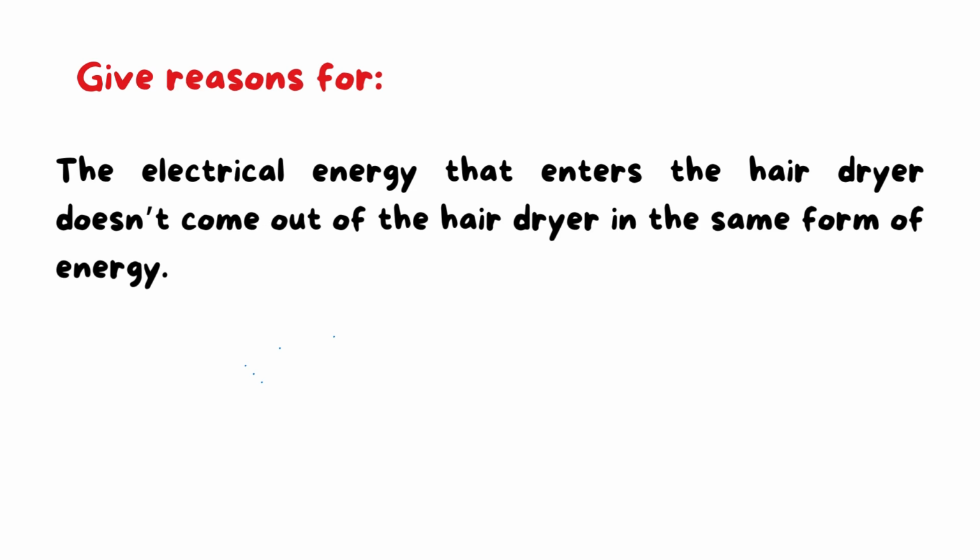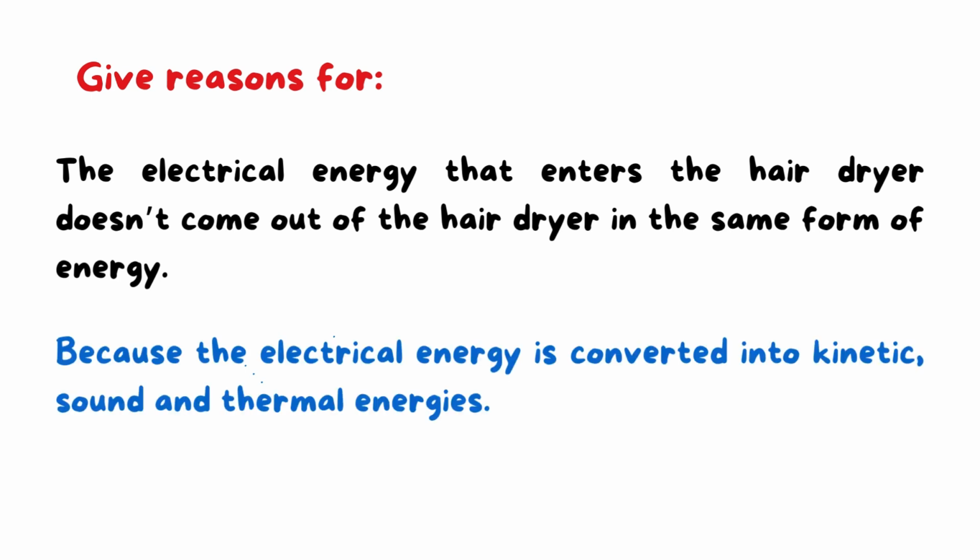Here we have a question. The electrical energy that enters the hair dryer doesn't come out of the hair dryer in the same form of energy. Why? The electrical energy enters the hair dryer and doesn't come out as electrical energy. So the answer here: because it is converted into other forms, okay?